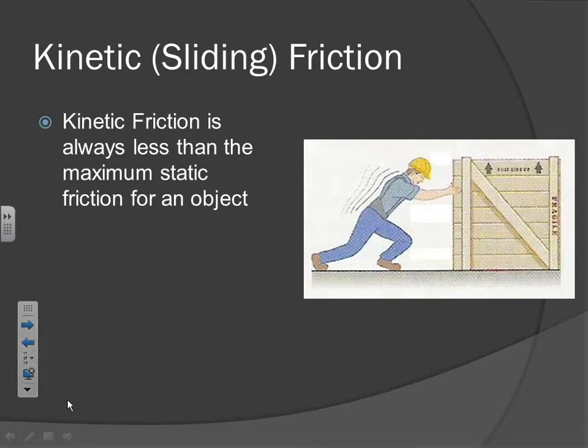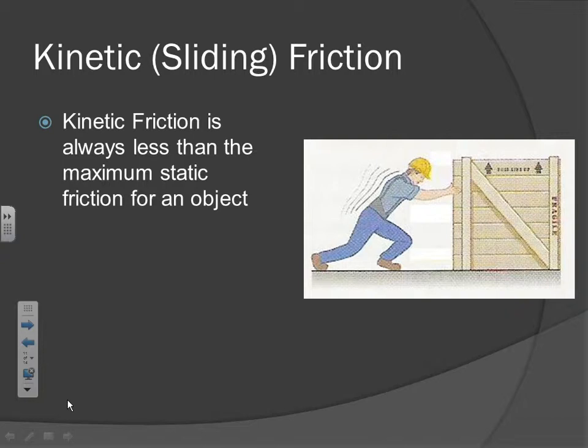Kinetic friction is always less than the maximum static friction value. Which means, like from your personal experience, the maximum static friction value is what you have to overcome to get something to start moving.